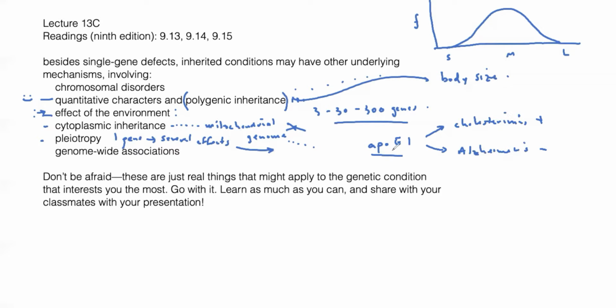All right. Okay? Now another thing that you might come across as you're looking for conditions are genome-wide associations, these GWAs. This is one of the things you might even be aware of if you've done an Ancestry.com or 23andMe analysis.